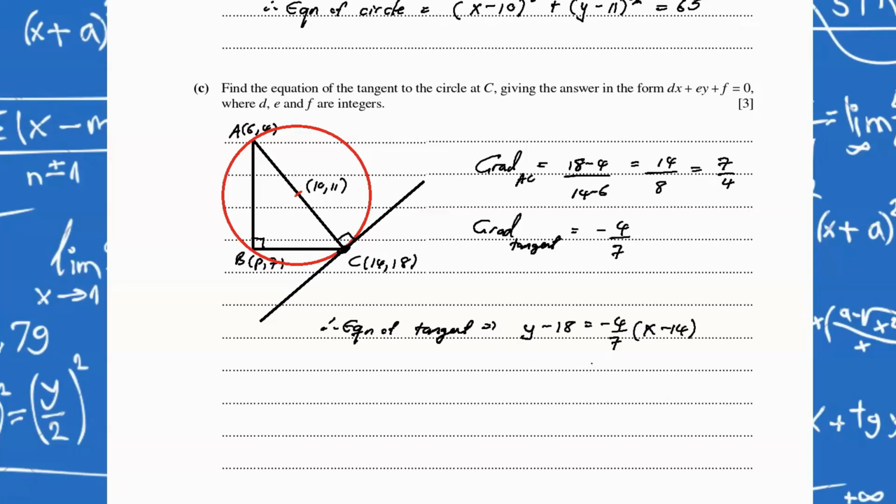So that's like y is equal to minus 4 over 7 of x, and 14 times 4 is 56, so it's plus 56 over 7, and it's plus 18.